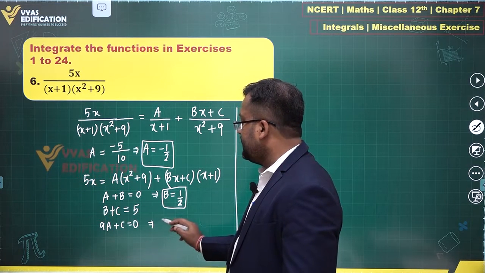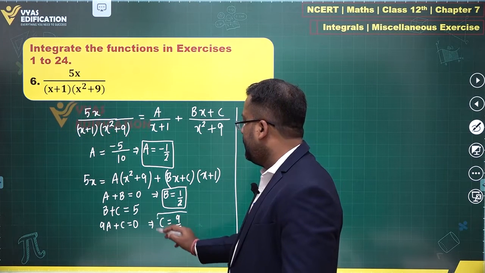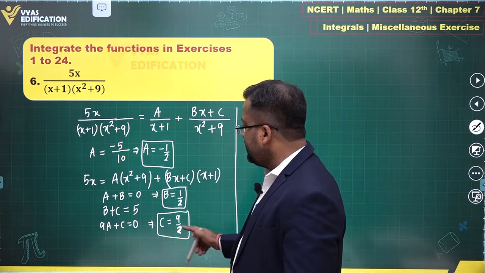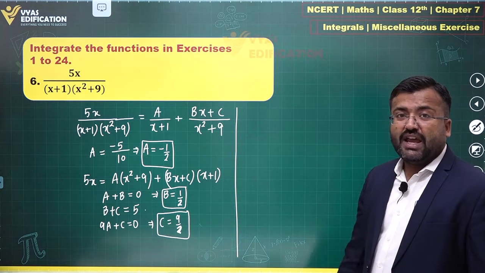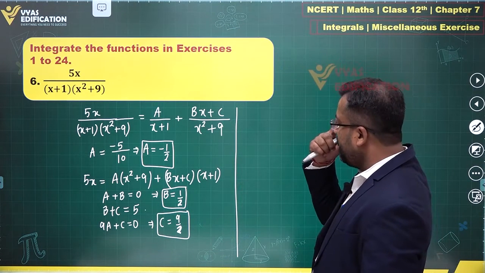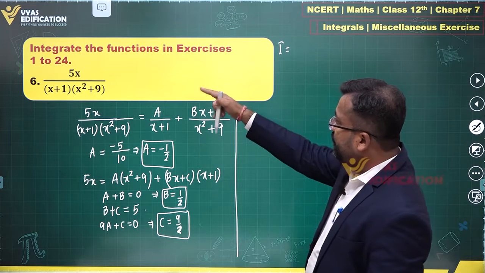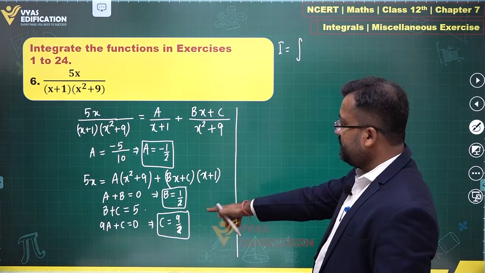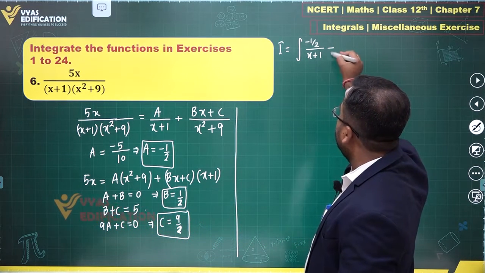And you can easily get c will be minus 9a, which is 9 by 2. And yes, for these values, this is also true. That's what you can verify easily. So once you have found a, b and c, now I can take a look at the integral of this whole expression. I will be the integral of that, which is the integral of this. a upon x plus 1 is minus 1 by 2 upon x plus 1 plus.